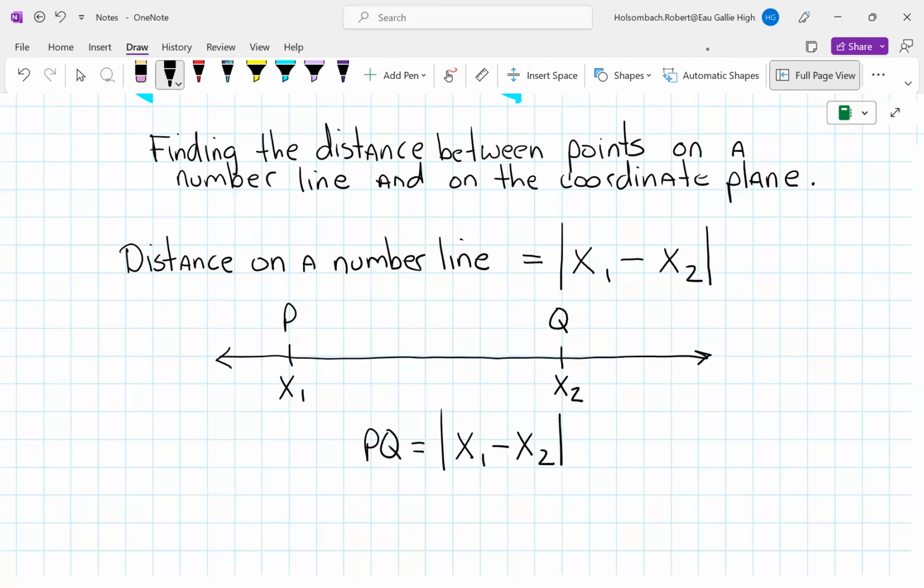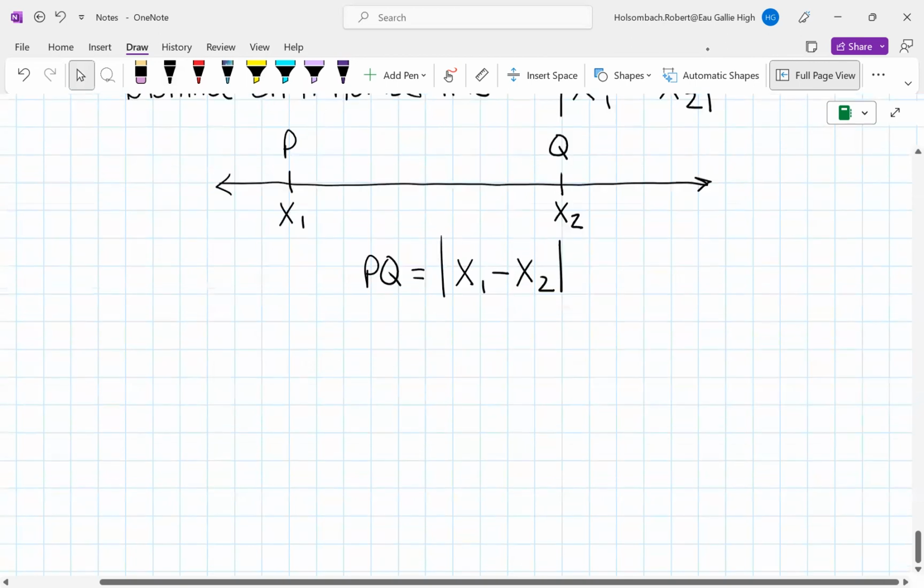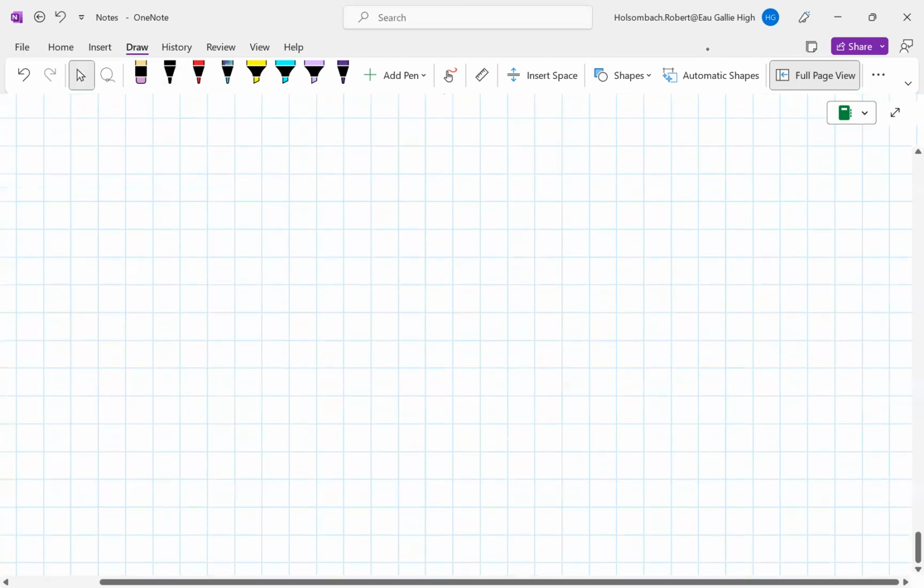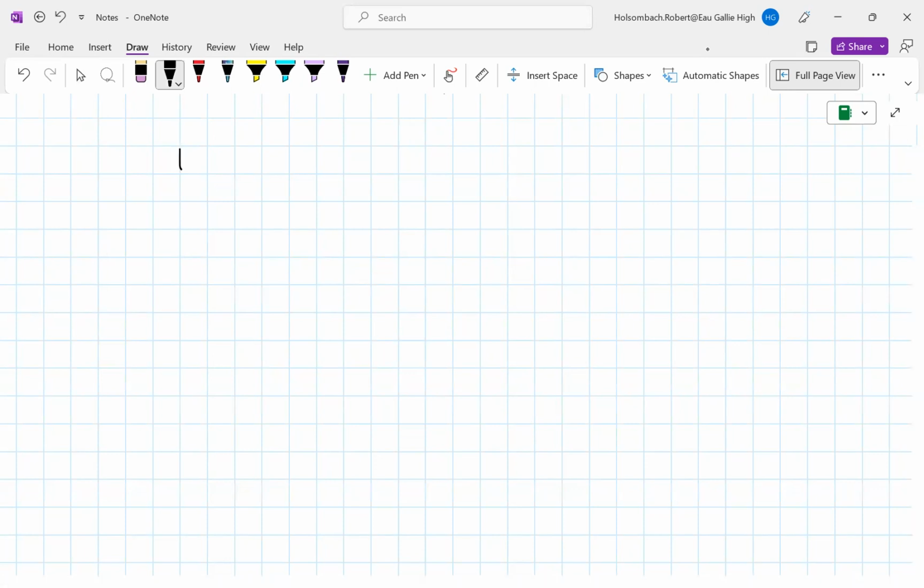All right, so hopefully you've got a calculator out right now, and we're going to do some examples on the bottom of page 25. So the first thing we're going to do is use the number line to find BE. So point B on the bottom of page 25 corresponds to a -6.